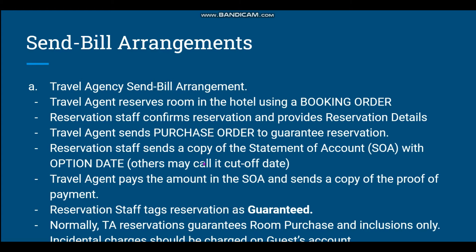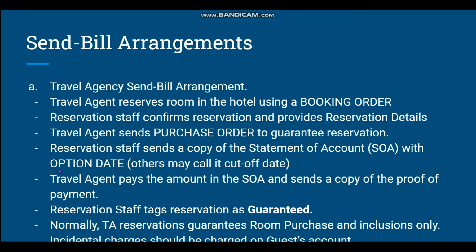And how do you ask them? You basically send a copy of the statement of account of that reservation to the travel agent, and you also include an option date. An option date is otherwise known as a cutoff date or a deadline, in order for the front office to reserve a certain room.